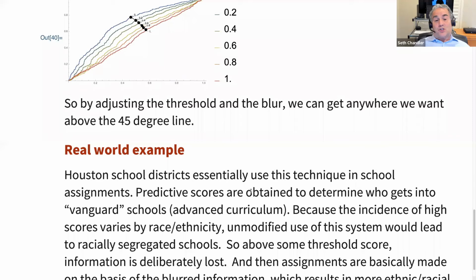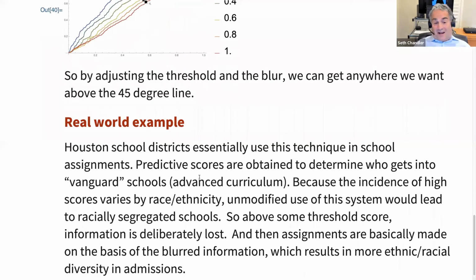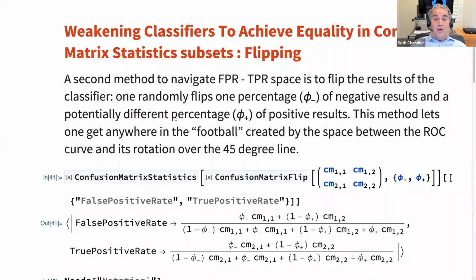And you might think, well, that's absurd. But in fact, I happen to know that in Houston, where I live, this is the system that's used to admit people into various schools with advanced curriculum. They basically bin data to an extent that they get greater equality in true positive rates and false positive rates among various ethnic groups and their success in these more accelerated programs.